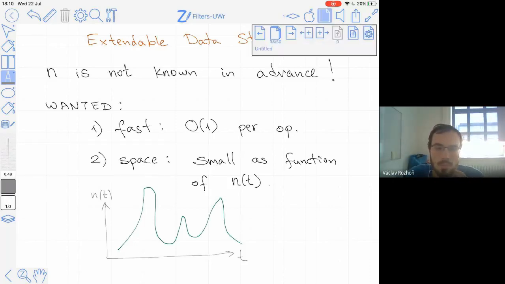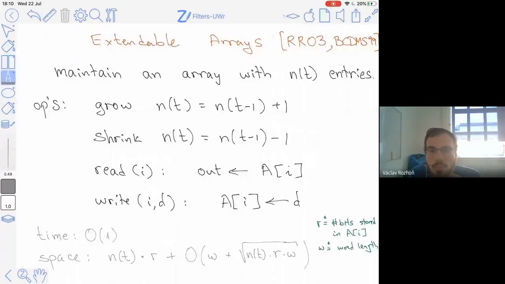Okay, and the first example of such a data structure is called extendable arrays. It appeared in a paper by Brodnik, Carlsson, Demaine, Munro, and by Rao and Raman. I don't remember all the names.